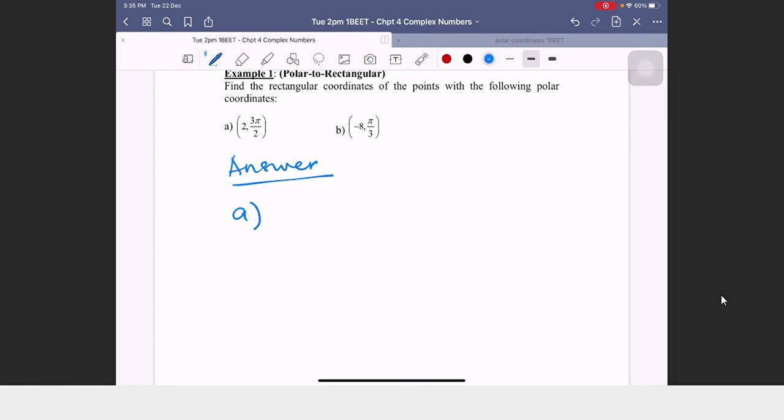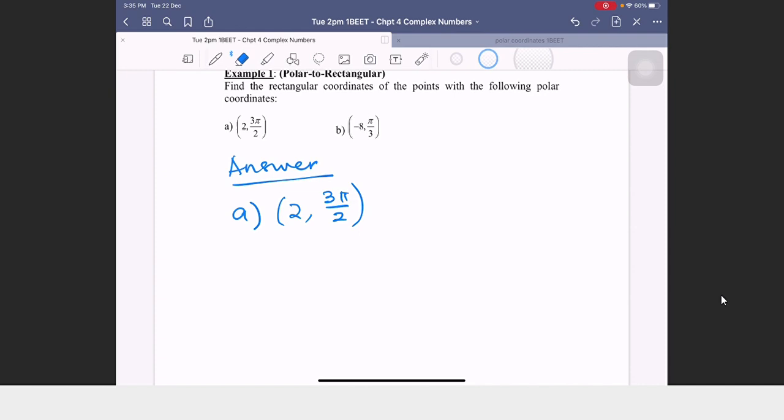For A, you are given 2, 3 pi over 2. Whenever you are dealing with polar coordinates or even rectangular coordinates, and the question asks you to change from polar to rectangular or rectangular to polar, it is suggested that you identify that particular point, in other words, plot it.